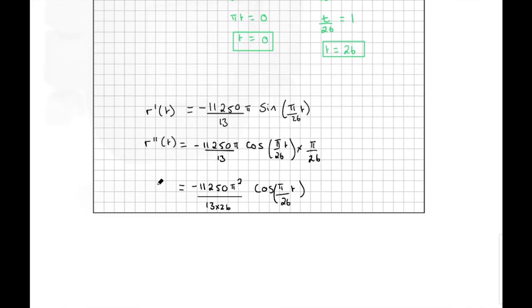At this stage you can of course multiply all of that out first before filling it in, but when I fill in the values, I'm just going to do it really quickly. Here, pi squared all over 13 by 26, cos(pi over 26 by 26).